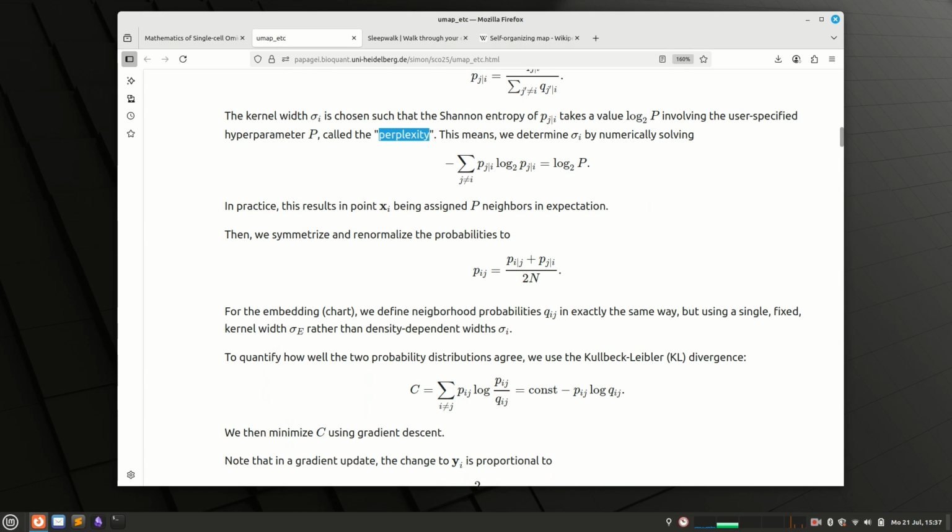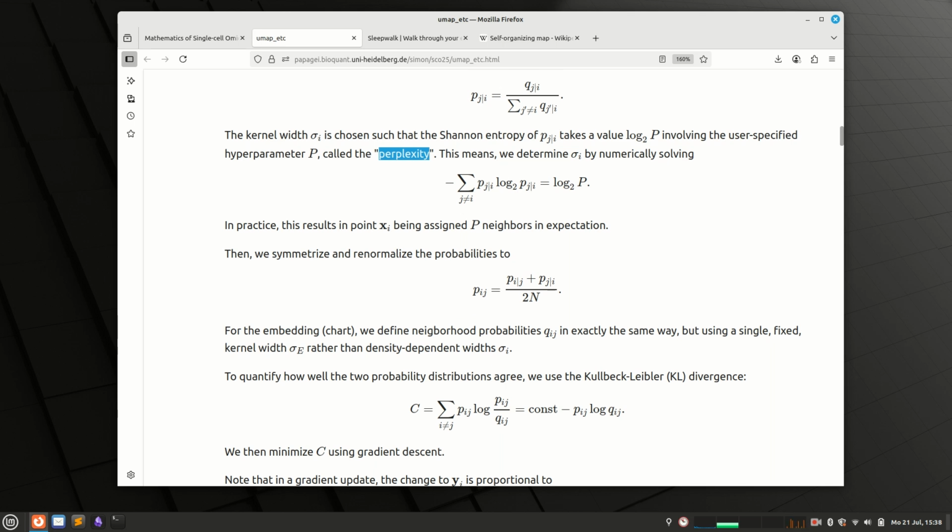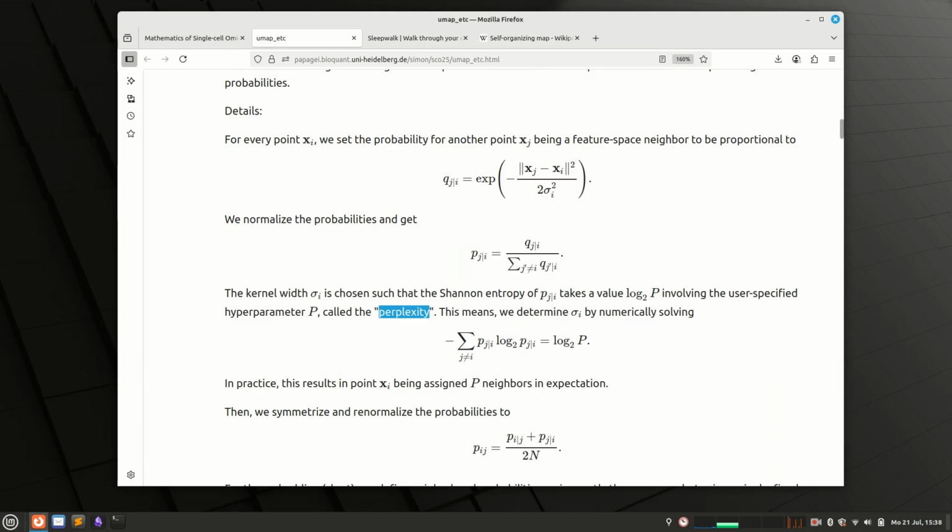Now we can do the same on the embedding space. Once we have defined points on the embedding space, a representing point for each data point in our two-dimensional chart, then of course we can calculate neighborhoods there as well. But there we want the density of points to not vary too much, so that we make effective use of our plotting surface. So instead of choosing sigma with some strange method, we just set it to 1, or to sigma e, whatever constant we like.